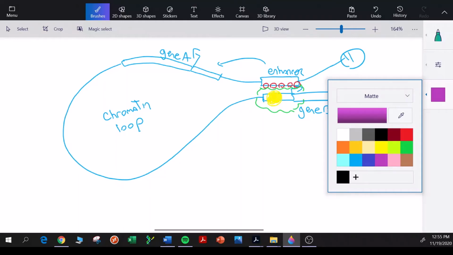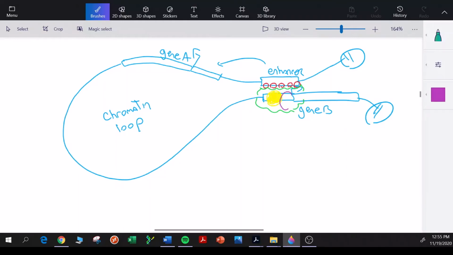And okay, so now we have this model of how the enhancer can influence transcription of gene B when it's so far away, through a chromosome loop, so our chromatin loop. Now here I could put all the various nucleosomes. I'm not wrapping the DNA around the nucleosomes, but I'm just showing nucleosomes here.